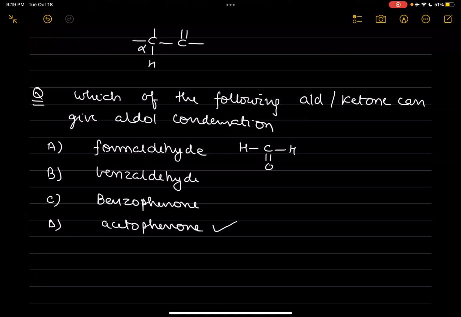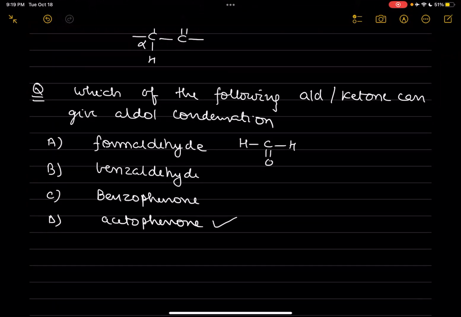And benzaldehyde, does it have an alpha carbon? Tell me.